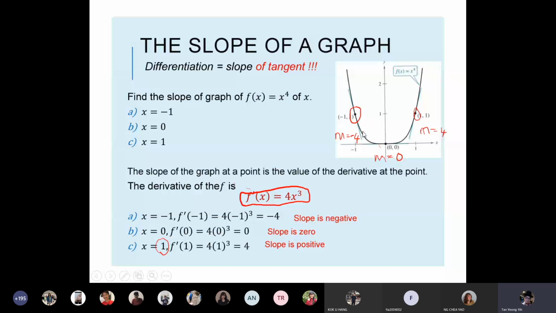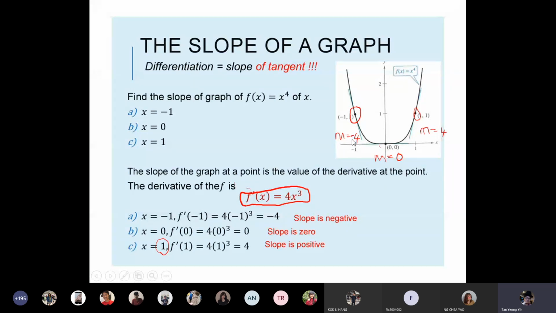So for example, at this point, this is the tangent to the curve at the point x equals -1. And this tangent line is the tangent to the curve at the point x equals 1. Okay, so we have to name it like this because there are many tangent lines along the curve.